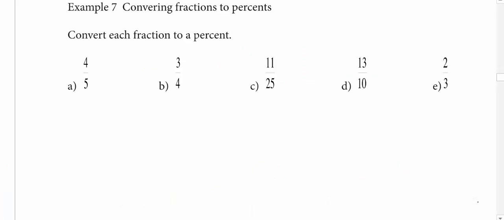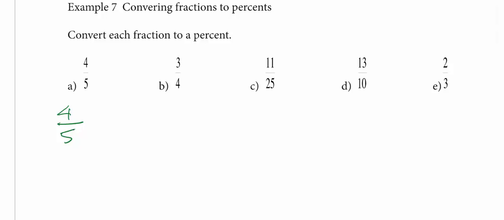Converting a fraction to a percent, example 7. We have some fractions: 4/5, 3/4, 11/25, etc. What I'm going to do is convert these fractions so that their denominators are actually 100. To start with, 4/5.